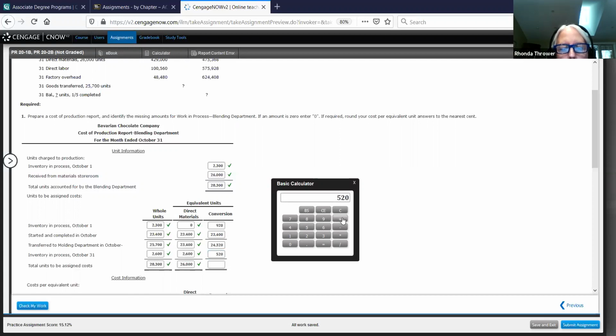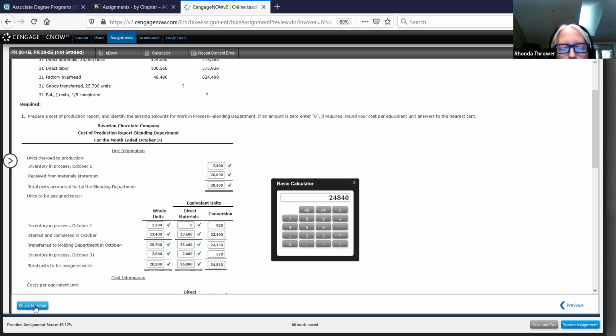We're going to combine that 520 units with the 24,320 that we transferred out. 24,320 plus 520, I'm adding these two together here, equals 24,840 units.